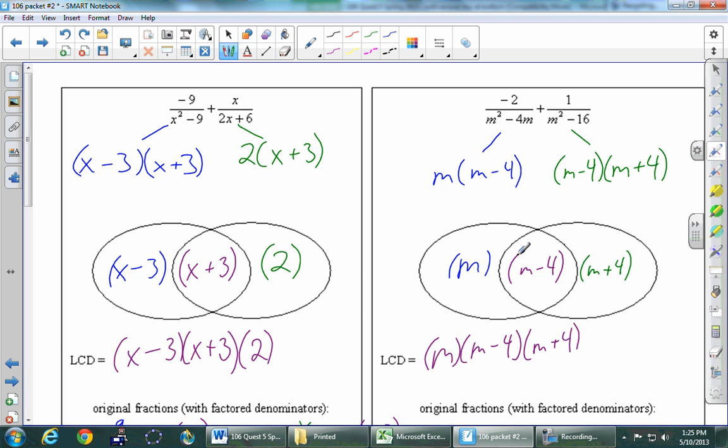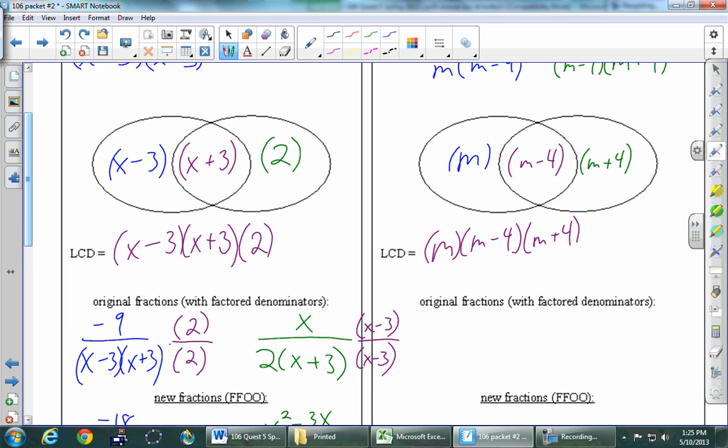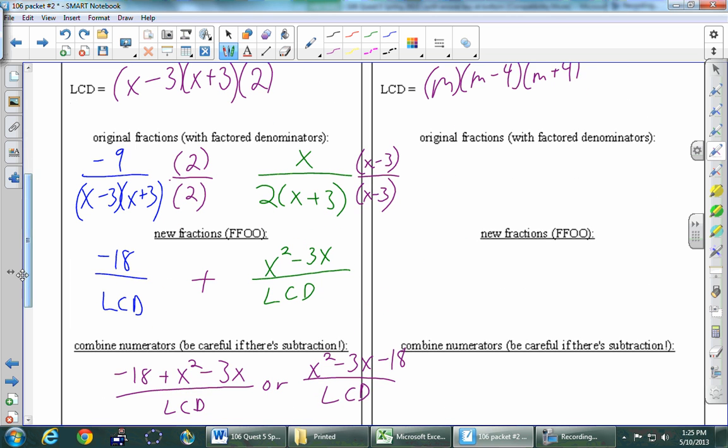No. If you do, you'll lose sight of what the factors were. The factors are really important, so don't distribute. Okay, original fractions, but now we'll put them in factored form. What was upstairs originally? -2, and then we'll put it with the factored version of the denominator, m minus 4. What was on top in the other fraction? 1, and then factored version downstairs.